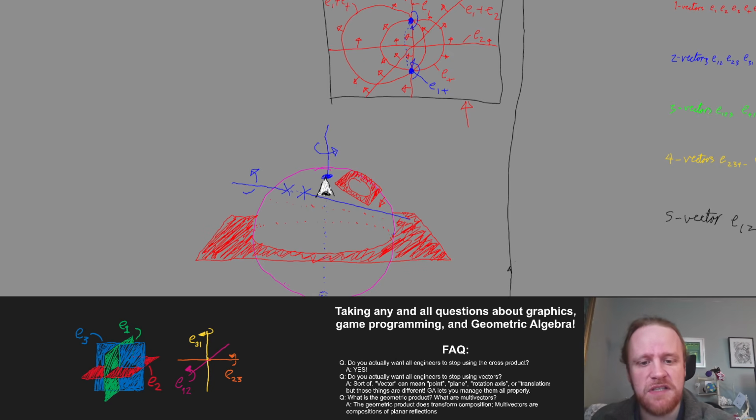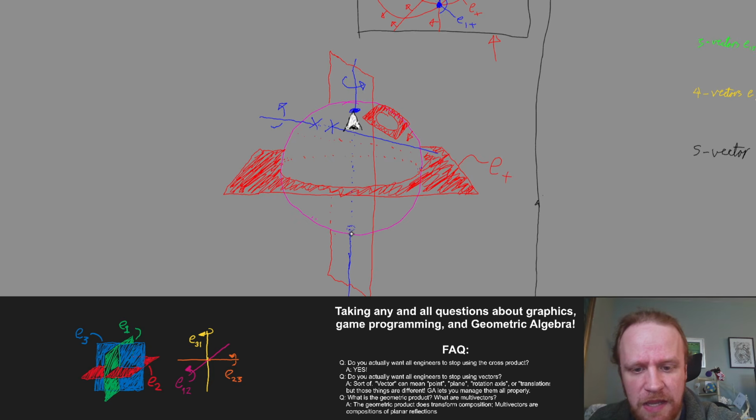When it looks at this plane, what it sees is a circle. In fact, it sees this circle here, and that plane is E+. That plane is E+, and this plane meets this sphere in another circle, because planes always cut spheres in circles.